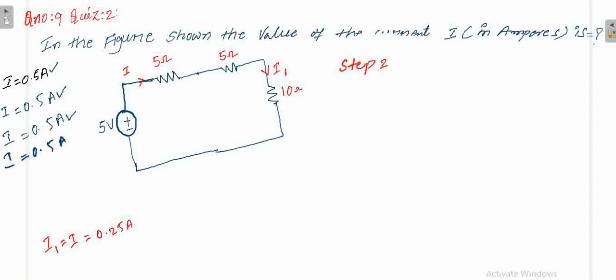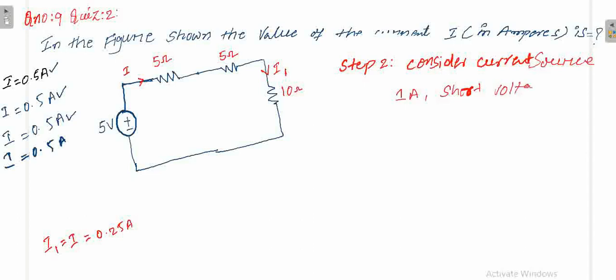Step 2, consider the current source, 1 ampere, and short the voltage source. So by applying this step, what you will get here?